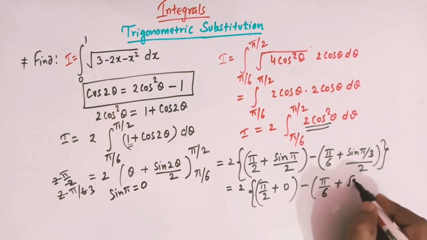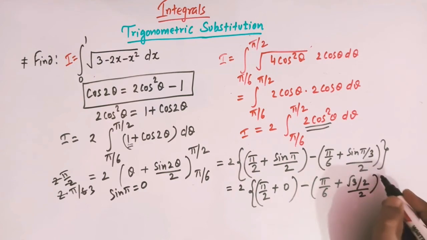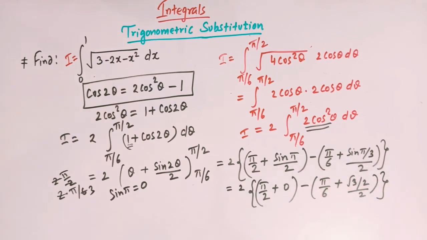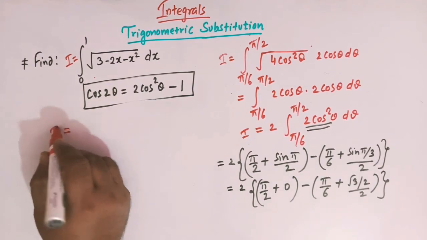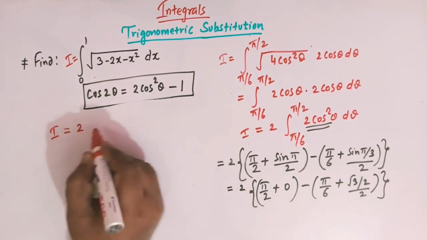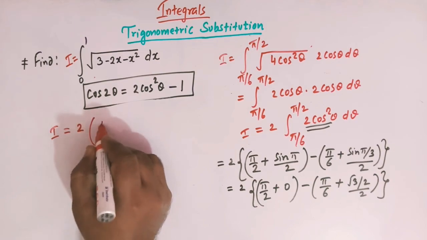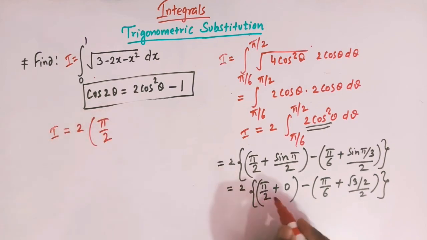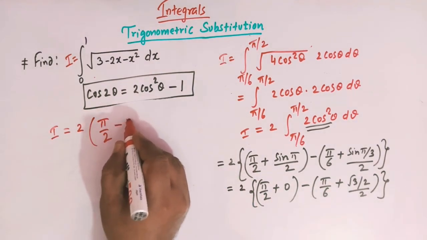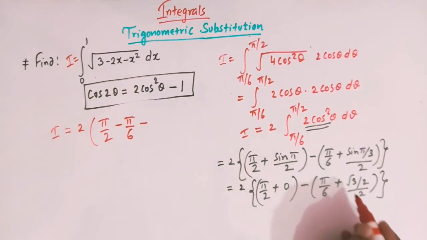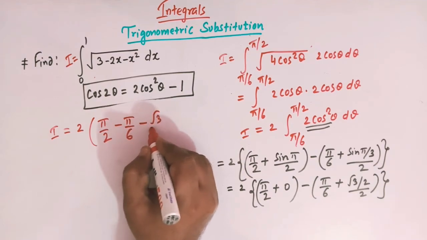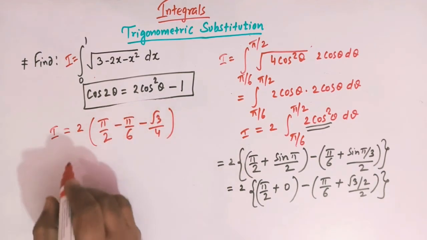So this is root 3 over 2 divided by 2, right? Now we can simplify it. So we have I is equal to 2 times pi over 2 minus pi over 6, then we have minus square root of 3 divided by 4, right?